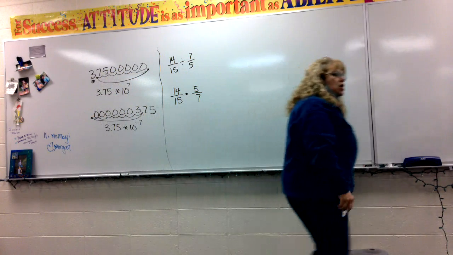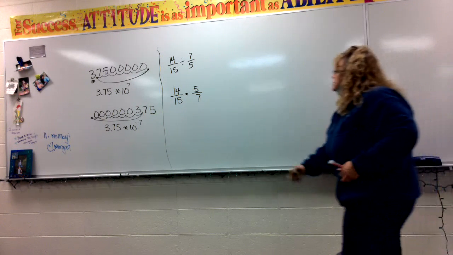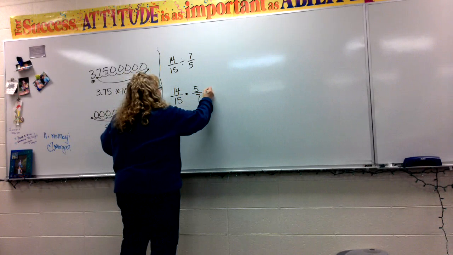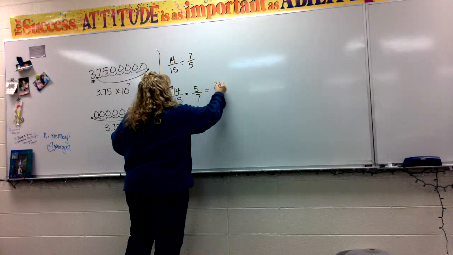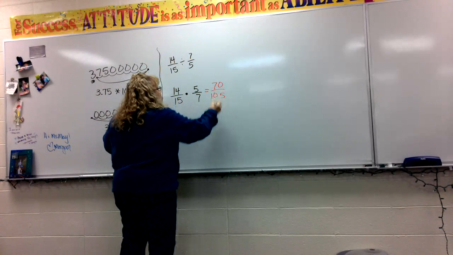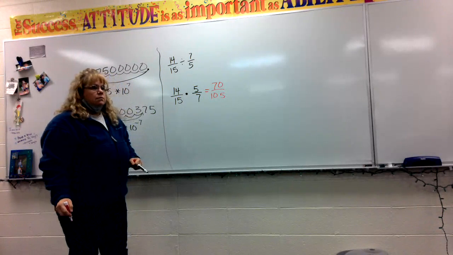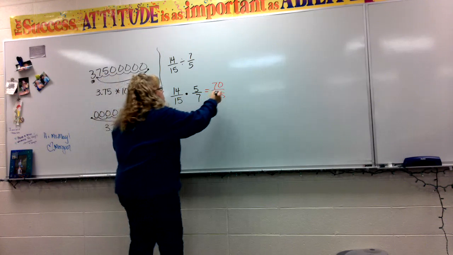Now from there, you can either multiply it straight across, top times top, bottom times bottom, if you would like. I don't know what that comes out to be. 70 maybe? Over 105. And then you can reduce that, right? What can you divide by? 5 for sure.